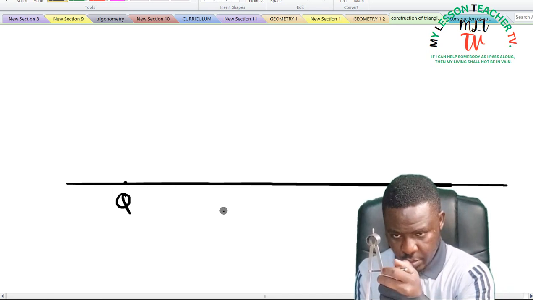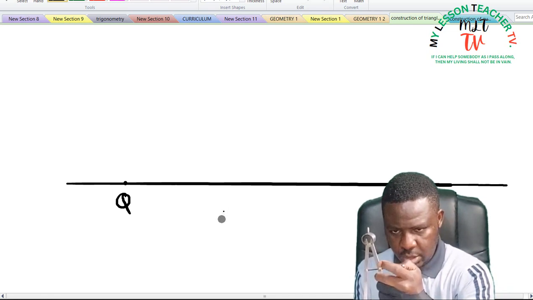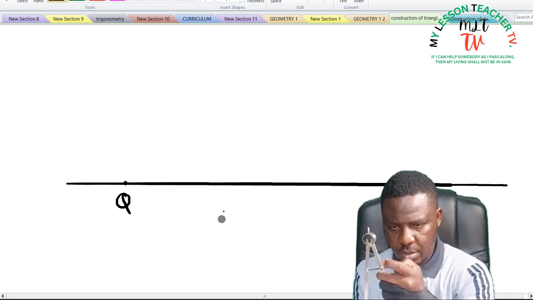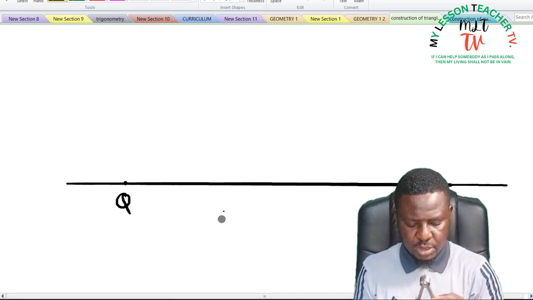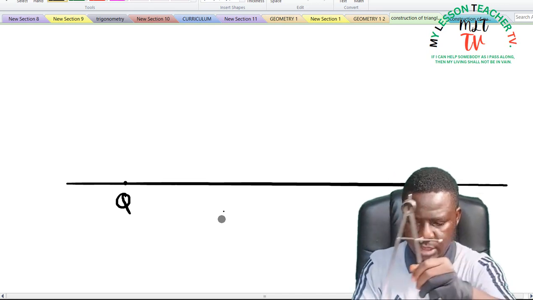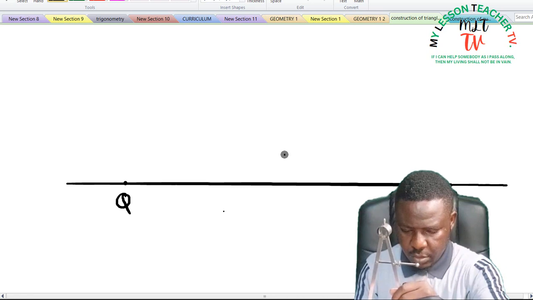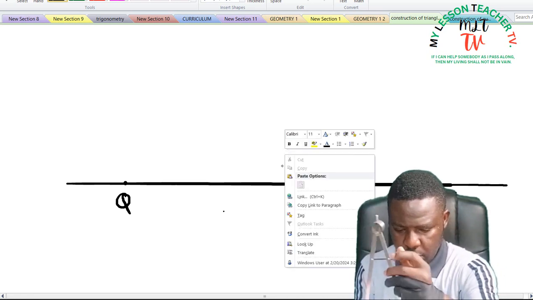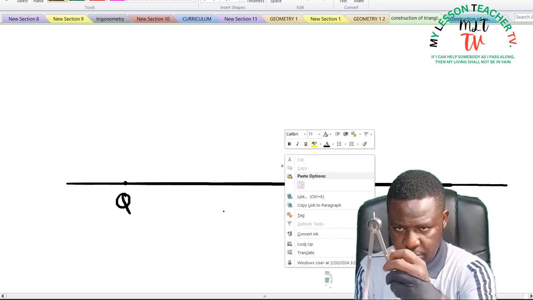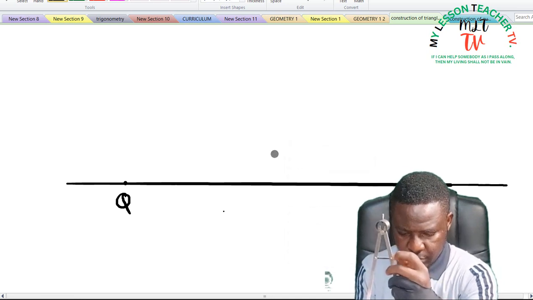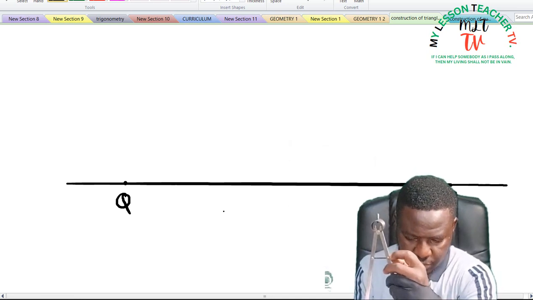Once you get that, you have to take it back. So let me tighten it a bit so it doesn't exceed 11. I need to tighten it a bit until it gets to 11.